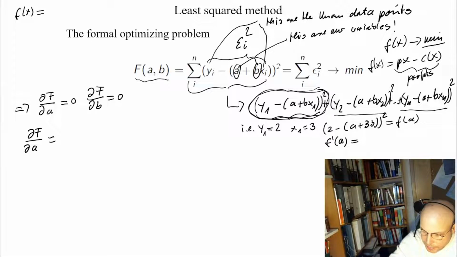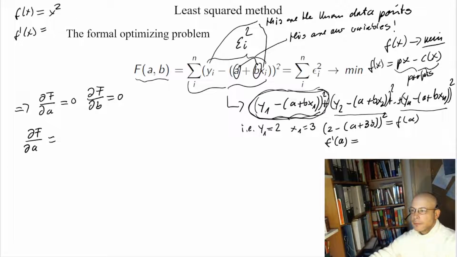So if you have f of x is x squared, what is f prime? Nobody? Well, in this case, we have 2x.